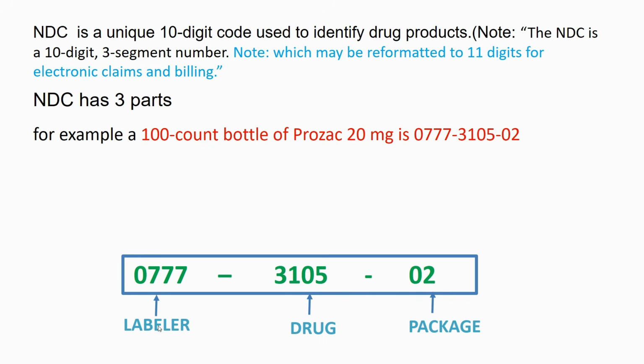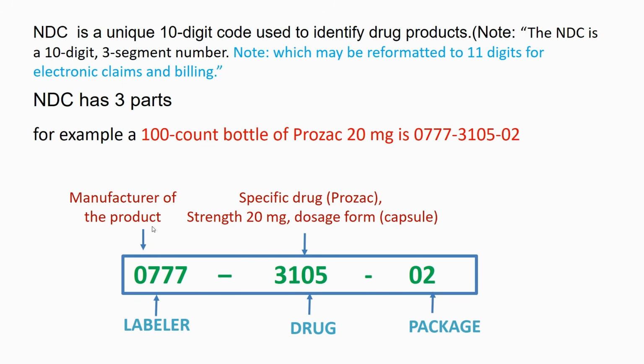So first, labeler, the first 4 digits are about the manufacturer of the product, like whoever is manufacturing it. Second is about the specific drug that includes drug name, strength, and dosage form. Whereas the last 2 digits are considered the package size, that includes how many tablets in that package.